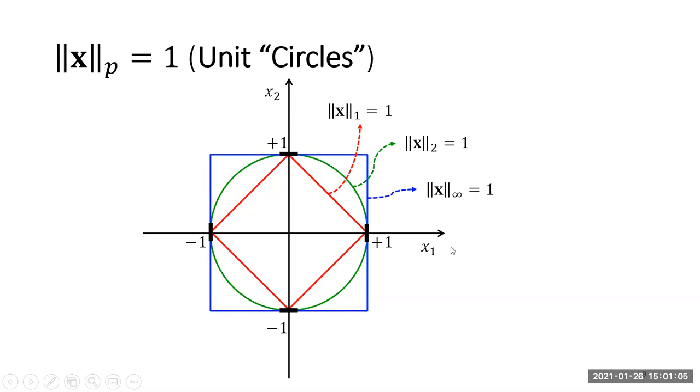We take the max of the absolute values, right? Consider this point here, 1, 1. What's the max of 1 and 1? 1, right? So L infinity norm of 1, 1 is 1. The same as the L infinity norm of 0, 1, which is the same as the L infinity norm of 1, 0. They're all 1. So everywhere on this blue square, the L infinity norm is 1.